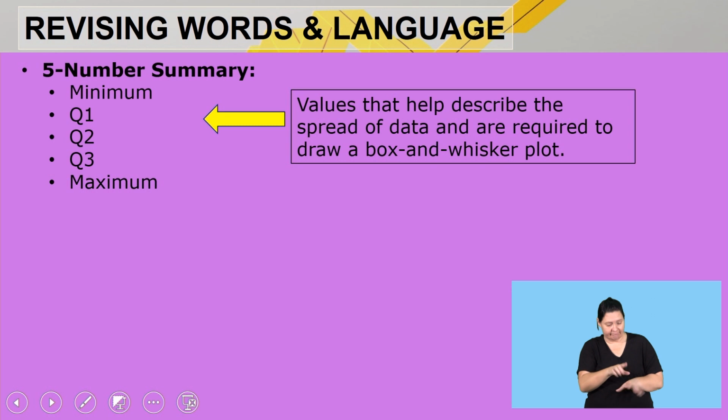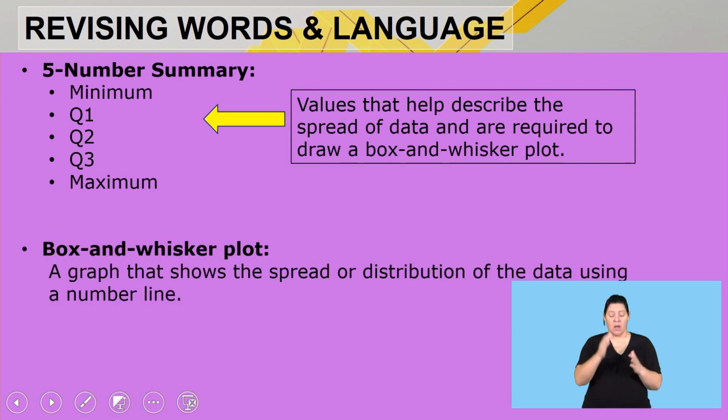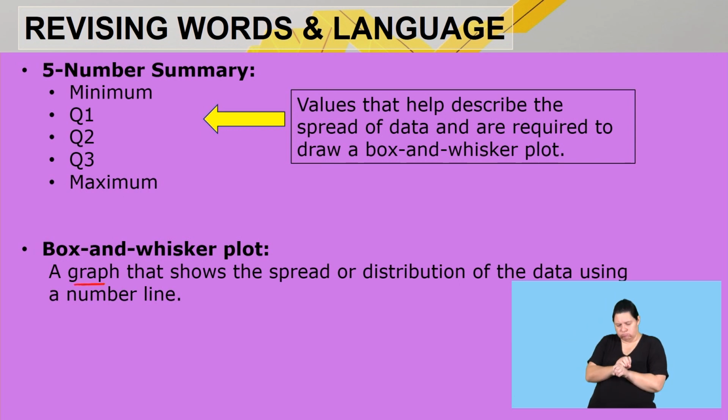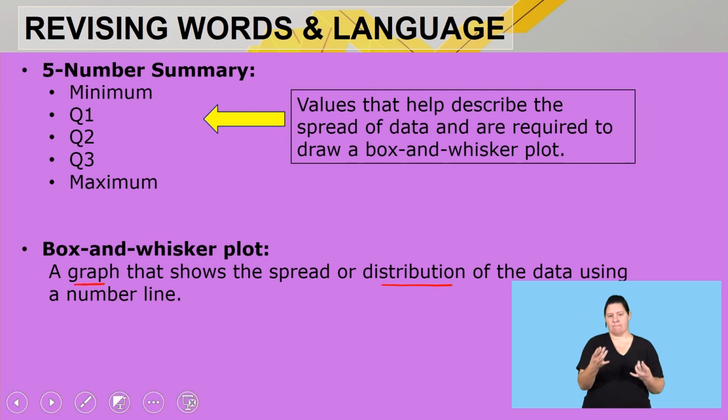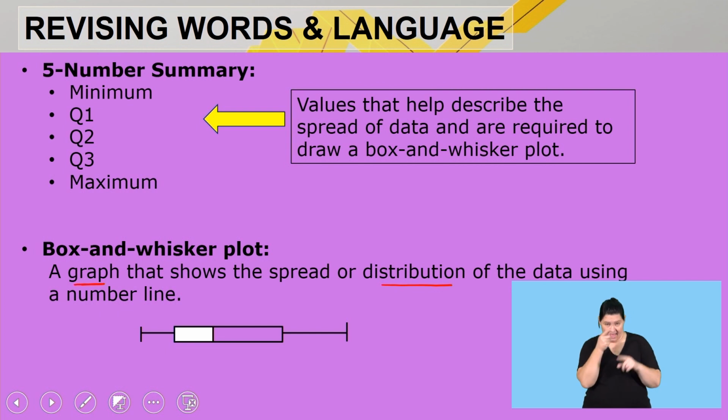These values help us to describe the spread of the data and are required to draw a box and whisker plot. A box and whisker plot is basically a graph that shows the spread or the distribution of the data by using a number line. I hope all of that is clear to you guys. Just to give you an idea, that's what a box and whisker plot looks like.